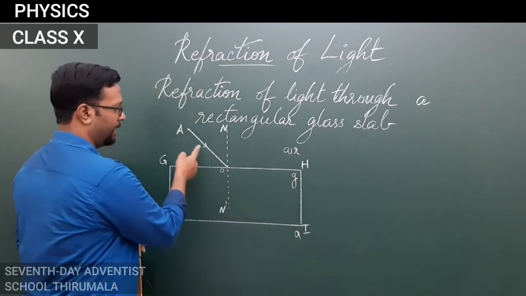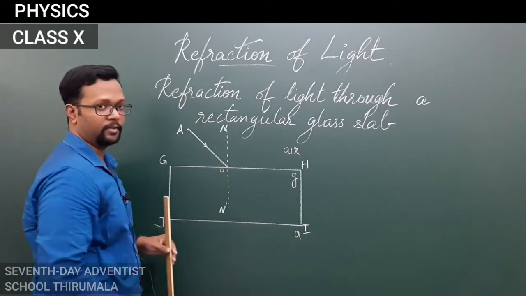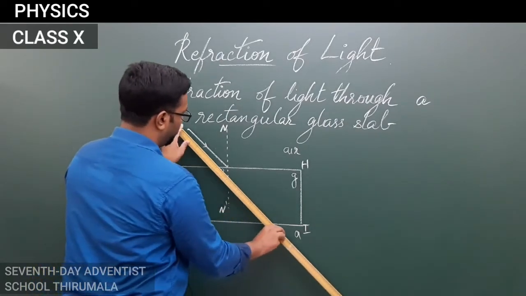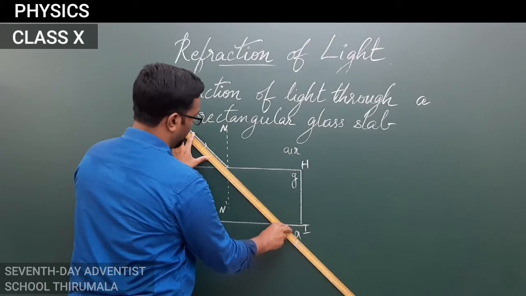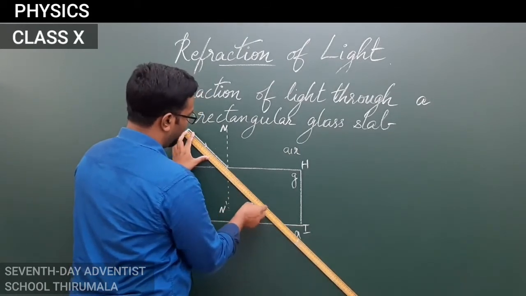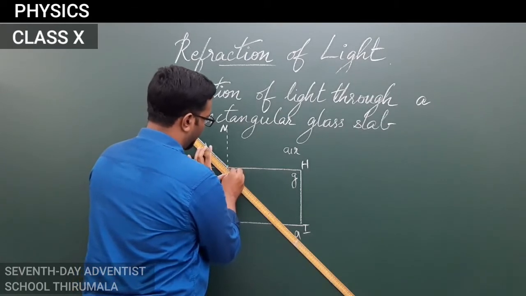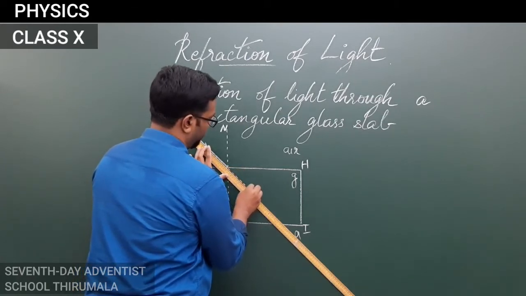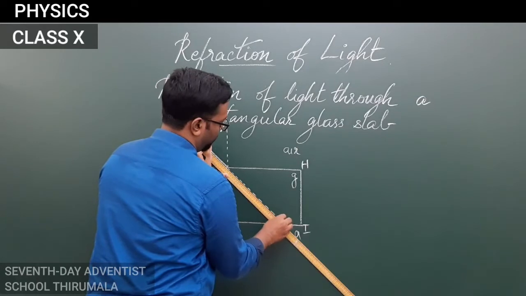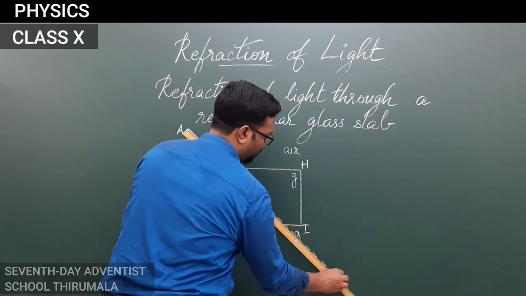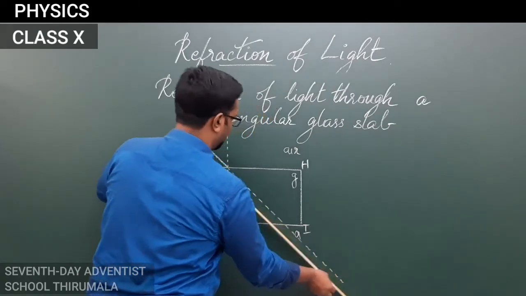So the light ray here is travelling from air into glass, so it will bend towards the normal. Before drawing the refracted light ray, I will draw the path the light ray would have taken if there was no glass block. The incident light ray would have gone directly like this if there was no glass block in its path.